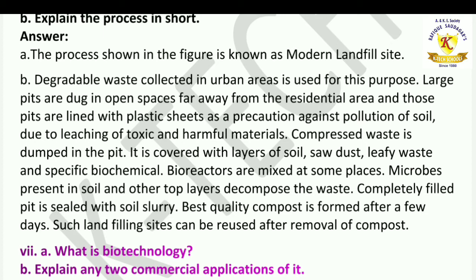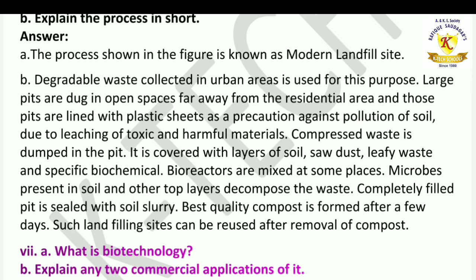due to leaching of toxic and harmful material. Compressed waste is dumped in the pit. It is covered with layers of soil, sawdust, leafy waste, and specific biochemicals. Bioreactors are mixed at some places.